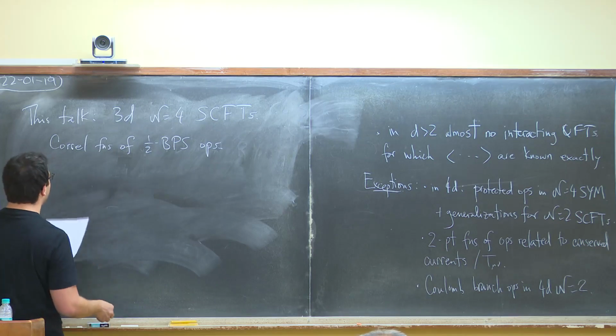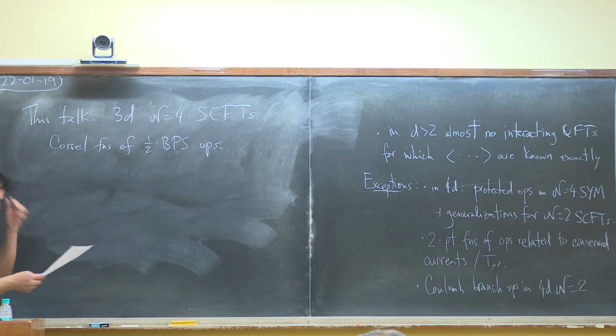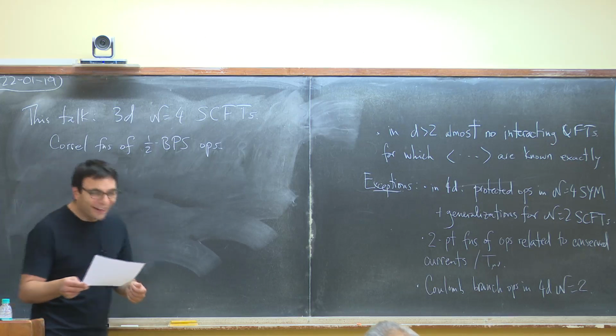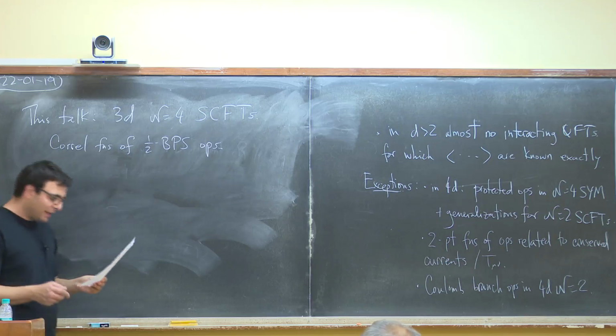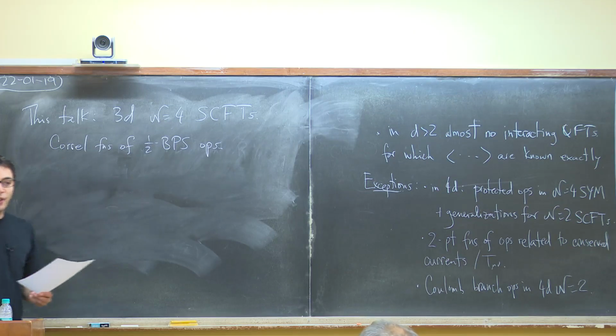Well, you could ask why study this example. Well, why study any example, computing correlation functions? In supersymmetric theories, these things could be toy models for more realistic examples. They could be relevant for AdS/CFT, and I'll mention some of that tomorrow.